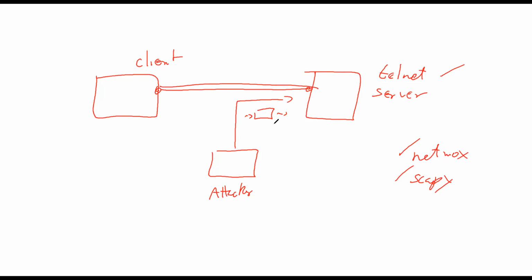So what the attacker needs to do is spoof a packet to mimic the traffic that is being sent from client to server. So it needs to impersonate that packet somehow. Okay, and then remember that when the server replies, it only replies to the client.